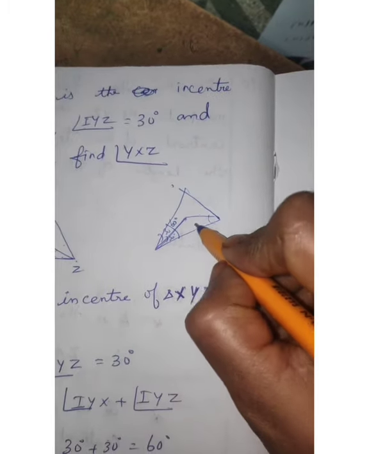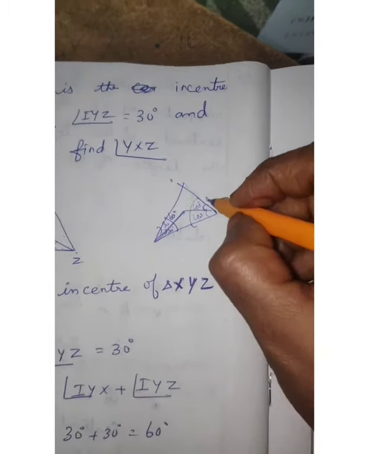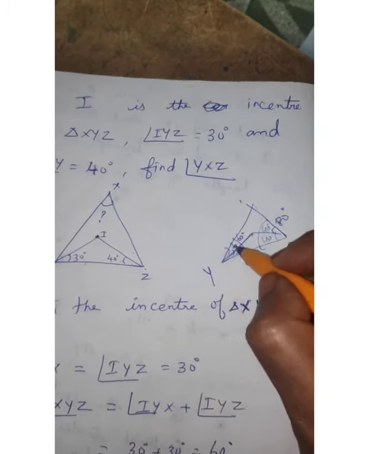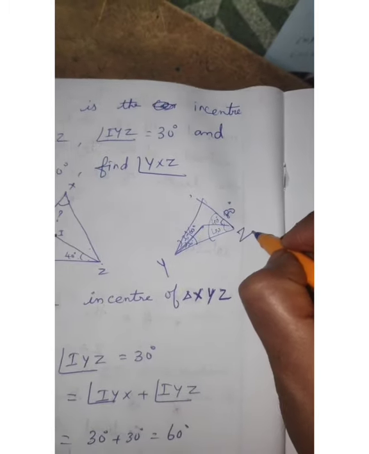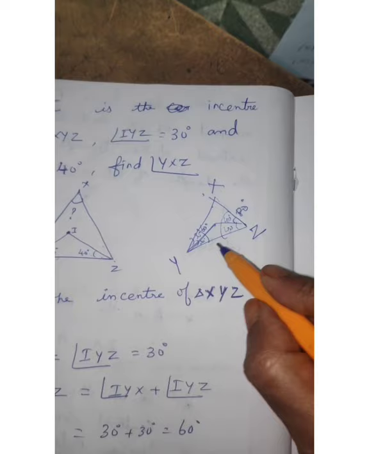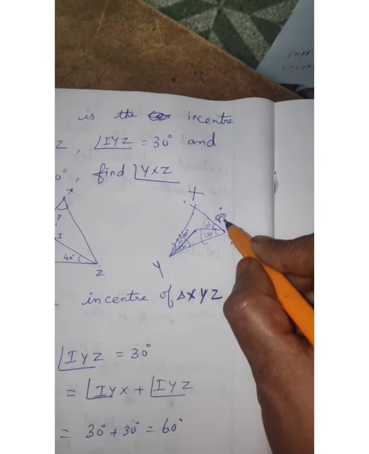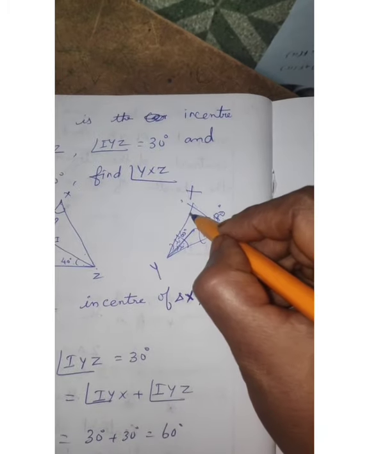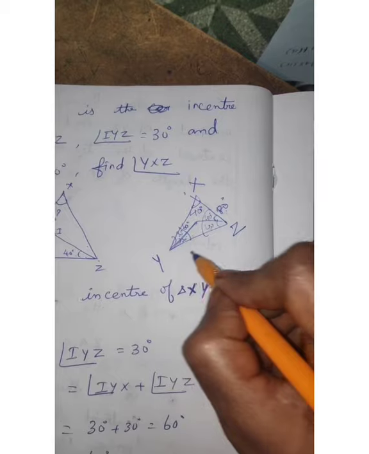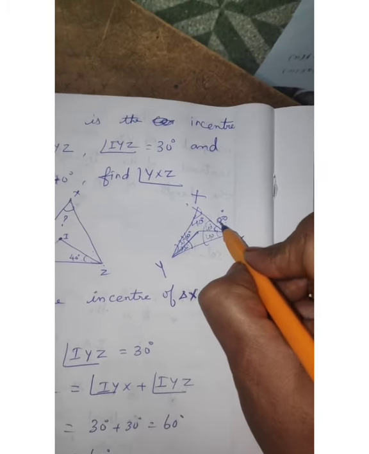Now here it is given 40 degrees, so this small side is 40 degrees. 40 plus 40 equals 80 degrees. So Y full value is 60 degrees and Z full value is 80 degrees. Now X is being asked. 60 plus 80 equals 140 degrees, and the remaining angle is 40 degrees. The sum of the angles of a triangle is 180 degrees: 60 plus 40 is 100, and 100 plus 80 equals 180 degrees.